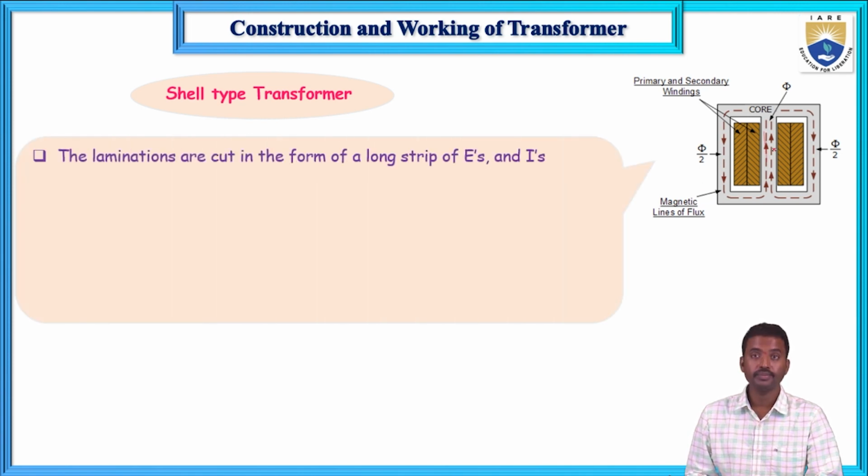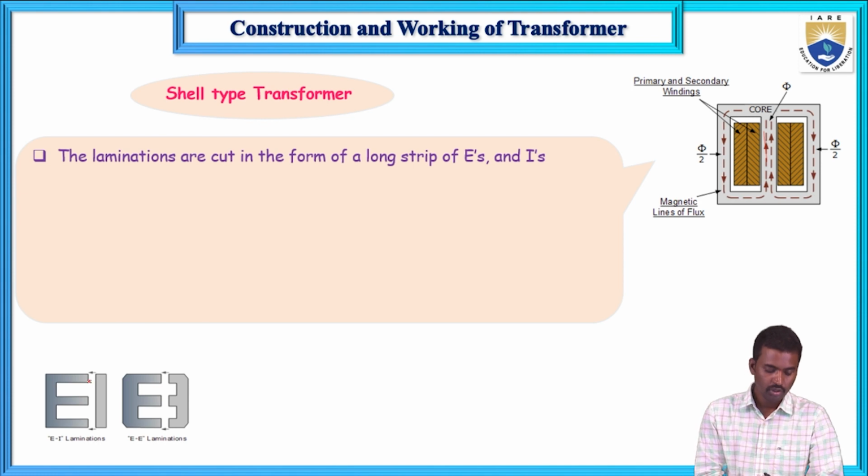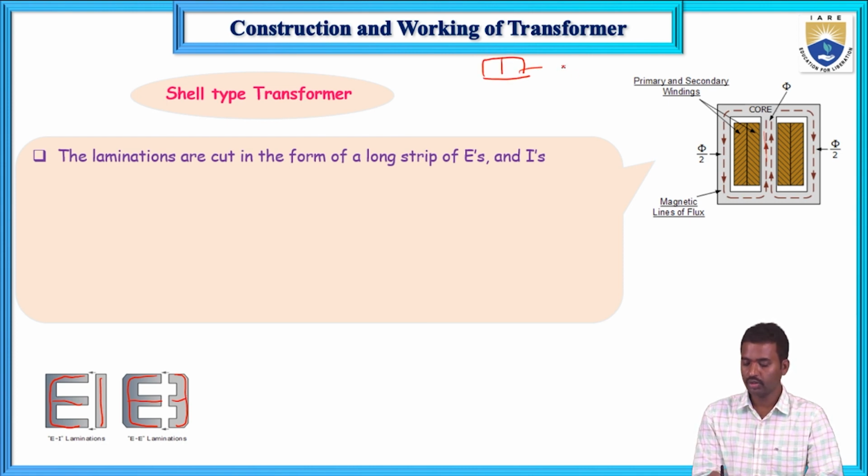The core cut is in the form of E and I. This is the E shape and this is the I, so it looks like this: three limbs, E and another E. It is also a shell type.